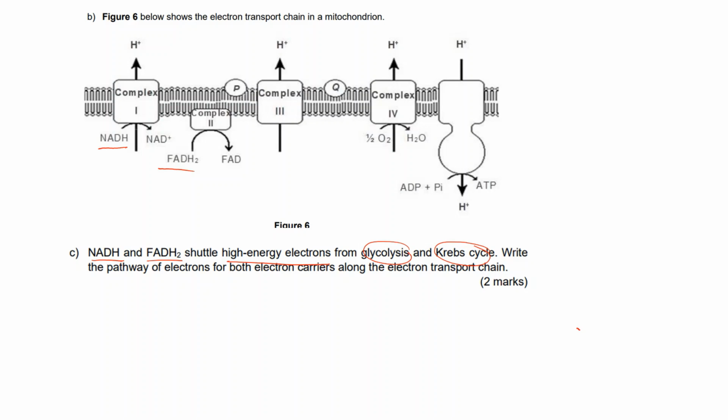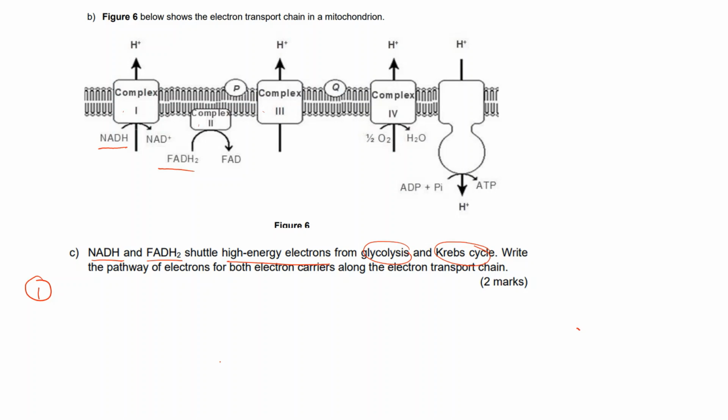For NADH molecule, the NADH will release its highly energized electrons to the components of the electron transport chain that are embedded in the cristae. So the electron carriers that are embedded in the cristae are complex 1, complex 2, complex 3, complex 4. And then you have P and Q, they are mobile carriers. P is ubiquinone, Q is cytochrome.